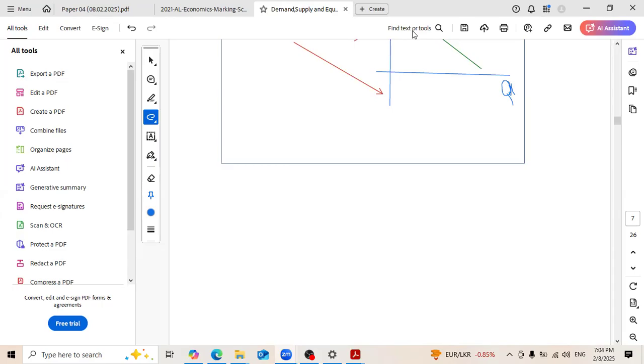What happens to demand, Dinal? When price goes up, demand falls. Write down 10 to 15. Quantity demanded falls from 90 units to 60 units.